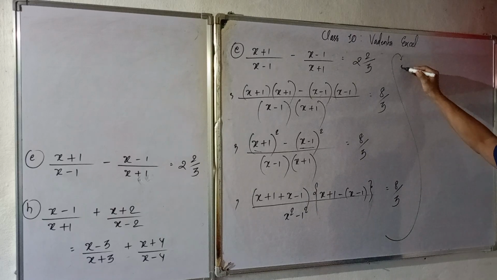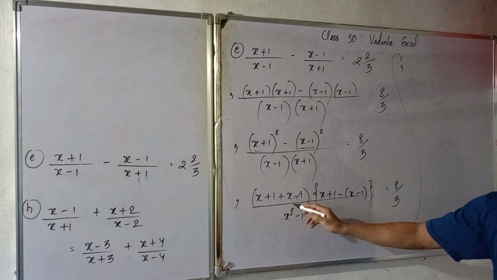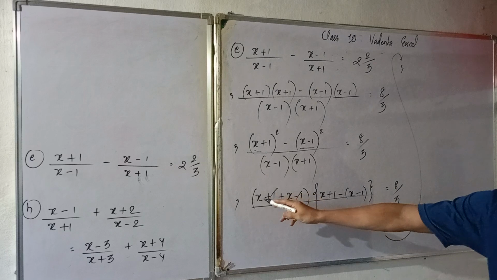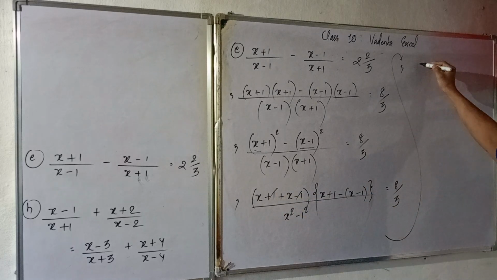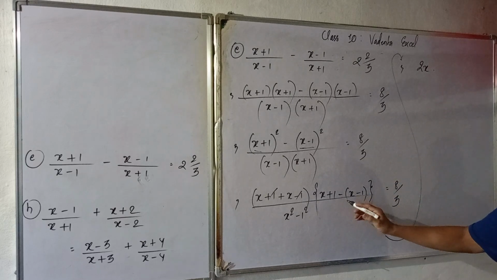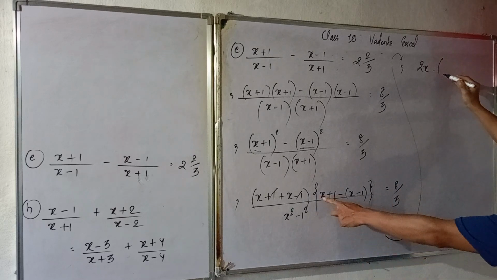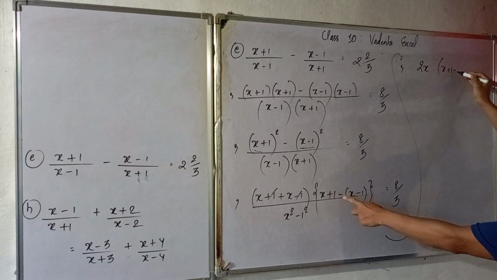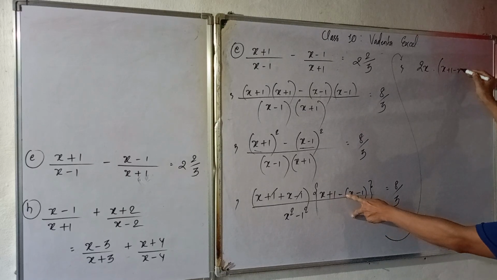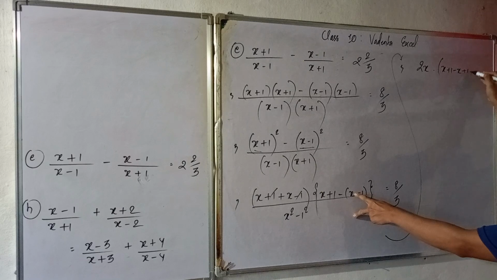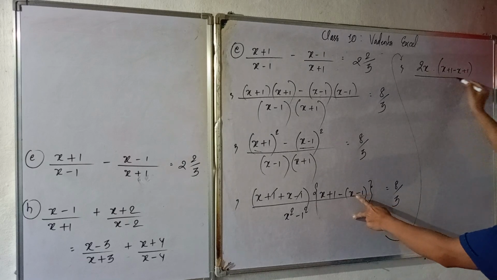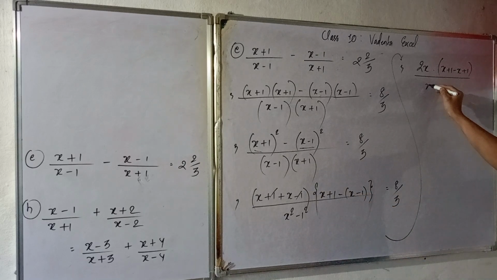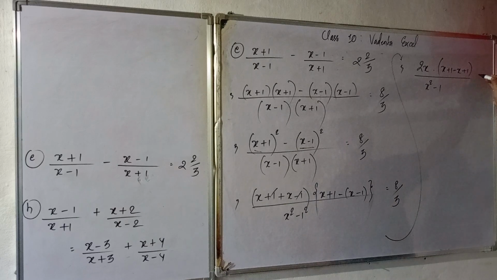Now here you can see this minus 1 and plus 1 get cancelled. 2 times x plus x, 2x. Let's see here: x plus 1 minus, open the bracket with the minus sign, minus x plus 1, divided by x square minus 1 square, which is 1, is equal to 8 by 3.